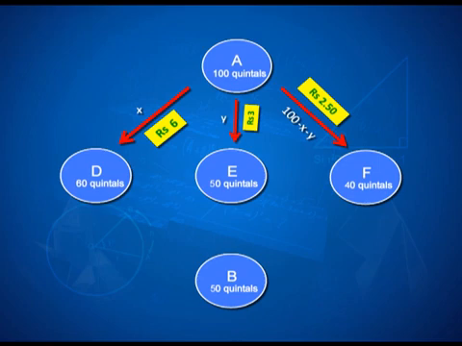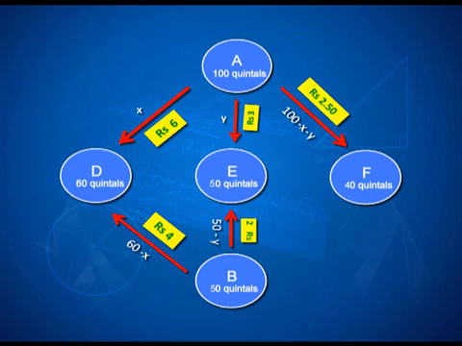Now, I am sure you can figure out how much will get transported from B to D. D has already got X quintals from A. So, from B it should get 60 minus X quintals, from B to E 50 minus Y quintals, and then from B to F the remaining, that is, the requirement of 40 quintals of F has to be satisfied.